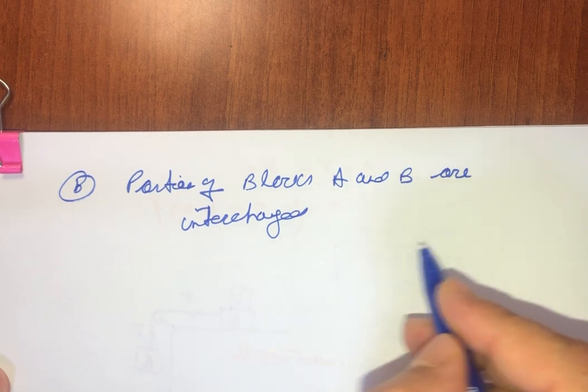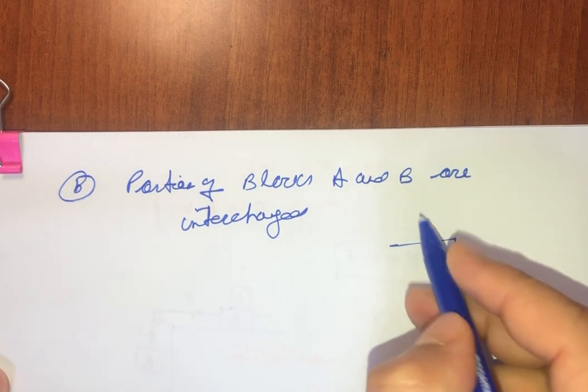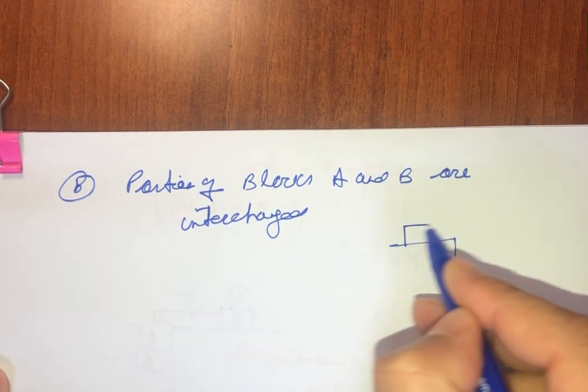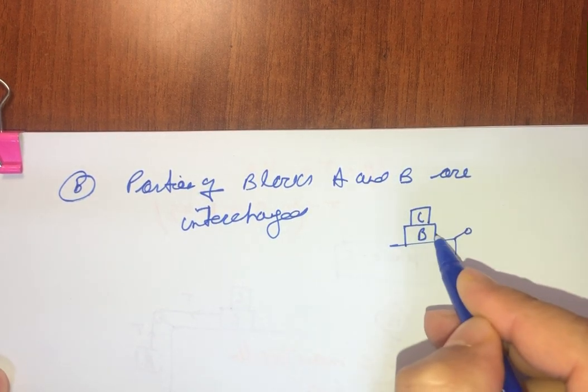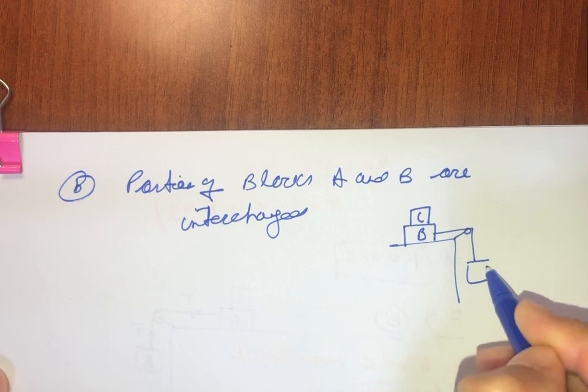So we can draw the diagram like this. Now this will be our block B, block C, and this will be block A.